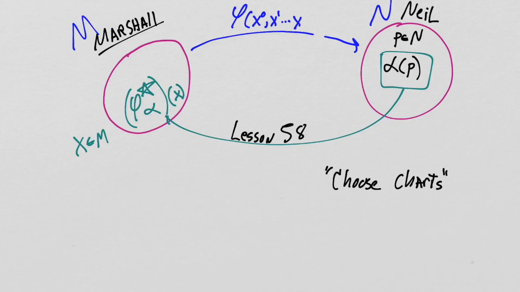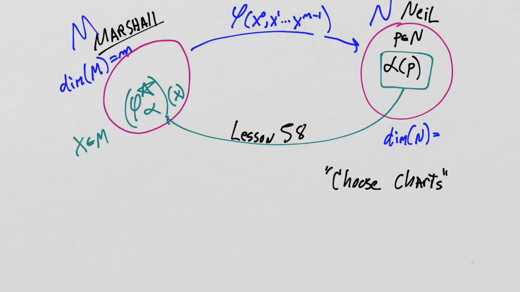We should say this has little m minus 1. So the dimension of Marshall is equal to little m, and the dimension of Neal equals little n. How about that? Little Neal.